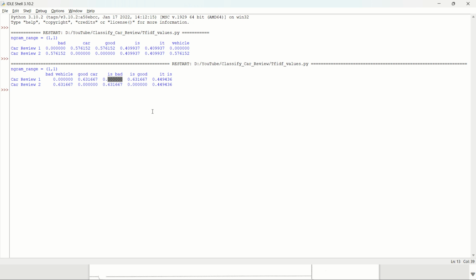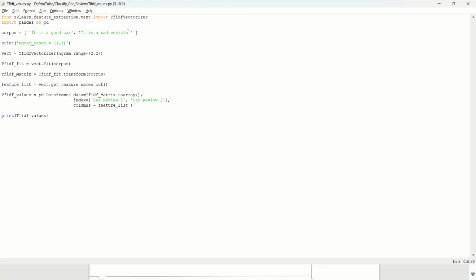So what is the importance of this? Say, for example, we have a spelling mistake, so instead of vehicle, say vehicle is done.